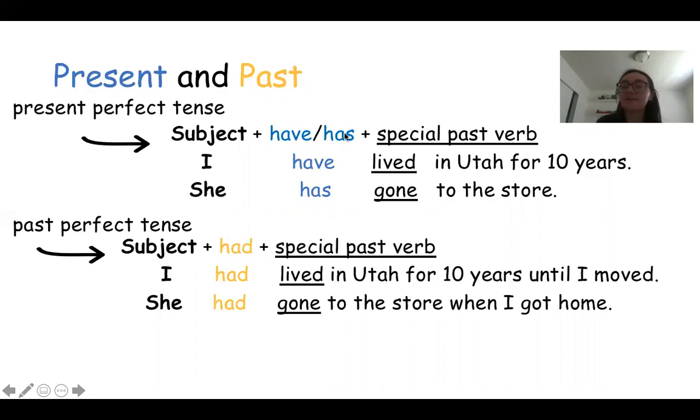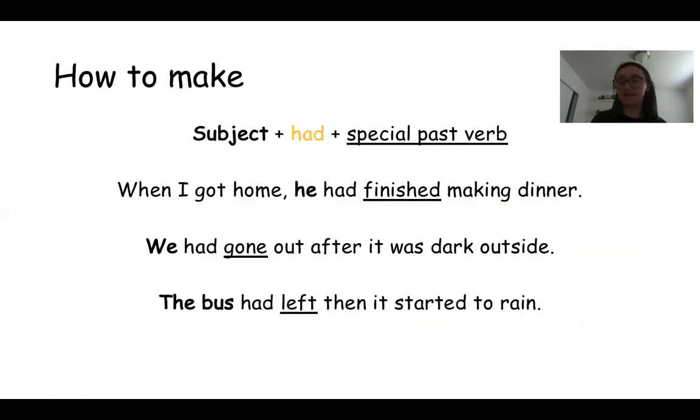So have and has, when we talk about the past, it turns into had. Okay, so had is what's telling us that it's past tense, right? We use the special past verb, but we can use that when we say have or has. But when we say had and then use a special past verb, that means we're talking about past tense, not present tense.